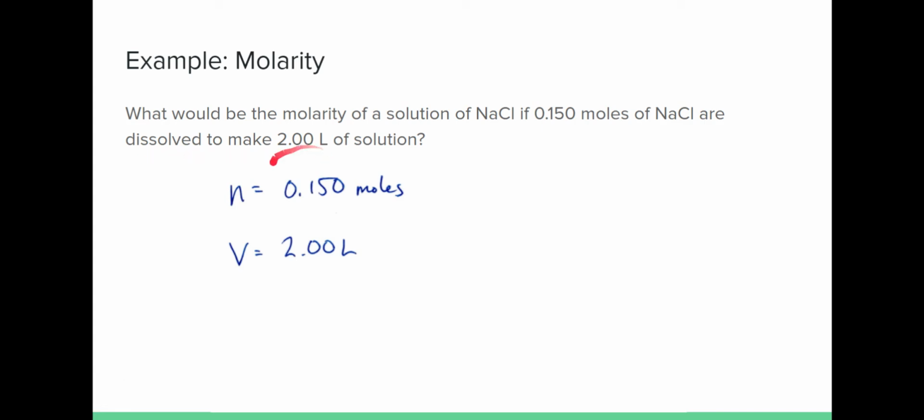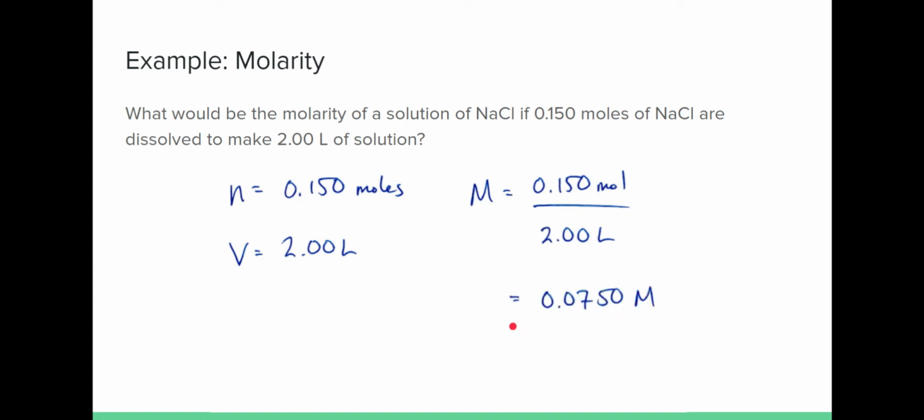I know that I'm making 2 liters of solution, so that's going to be my volume, and after I declare my variables, I need to know what equation I'm using to solve for the molarity. Molarity is given by number of moles divided by number of liters of solution. I simply substitute those values in, and then I can divide the number of moles by the number of liters to find that my final concentration is 0.0750 molar.